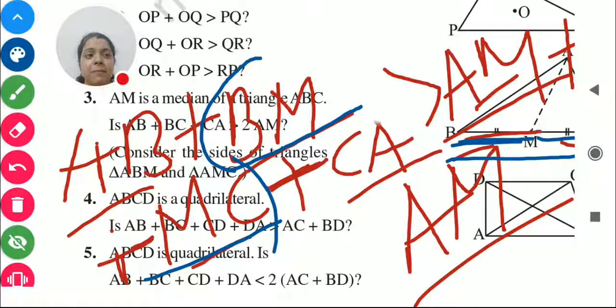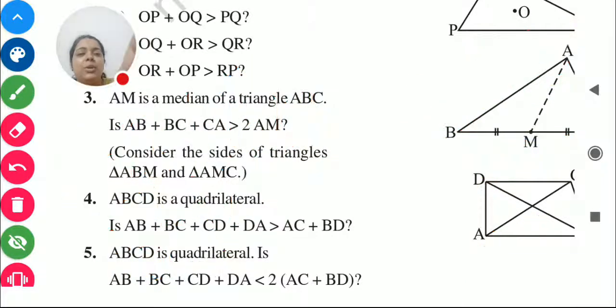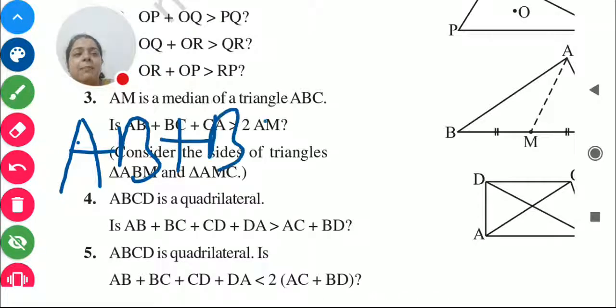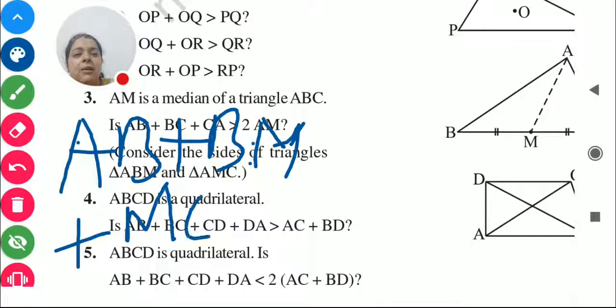It is BM plus MC. Don't you think that when you add BM plus MC, it will be BC actually? Yes. So what you did here, AB plus BM plus MC plus CA is greater than AM plus AM.